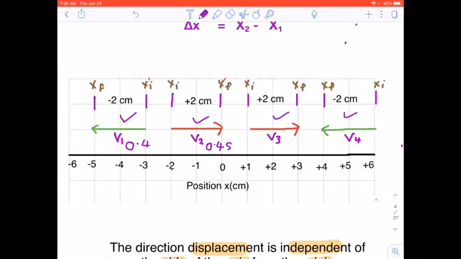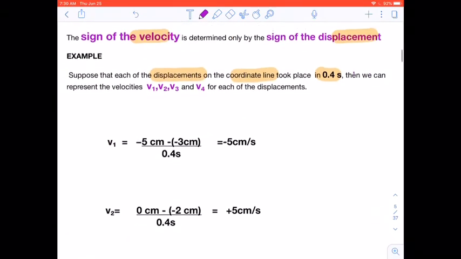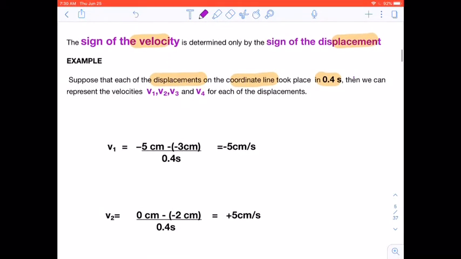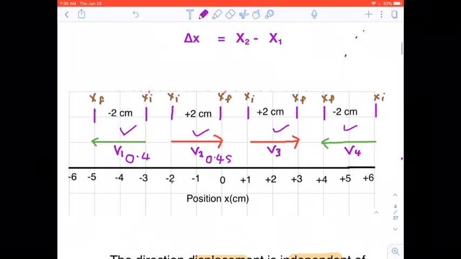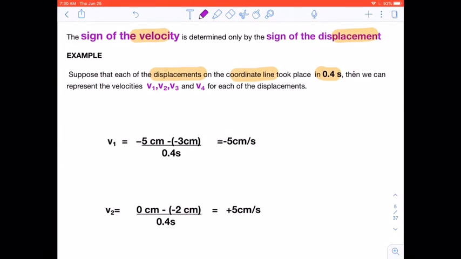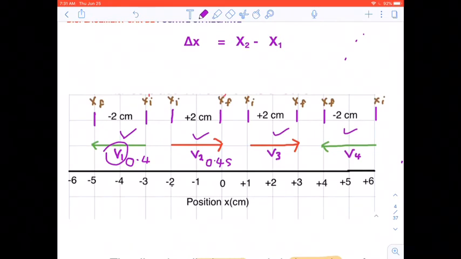So then, if we look at the velocity here, let's say for V1, and we had determined that the displacement is minus 5 centimeters minus 3 centimeters divided by 0,4 gives us minus 5 centimeters per second. The same thing would be for V2.